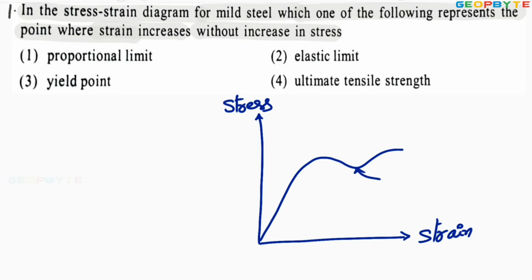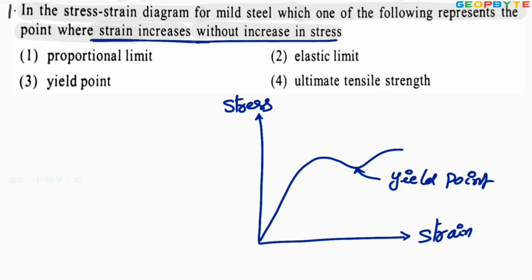This is the point called yield point. At that yield point, even if you apply a minimum amount of force or minimum stress, the body deforms continuously. So even if you apply very less load at the yield point, the body starts to maintain a huge amount of strain. Therefore the answer is yield point.